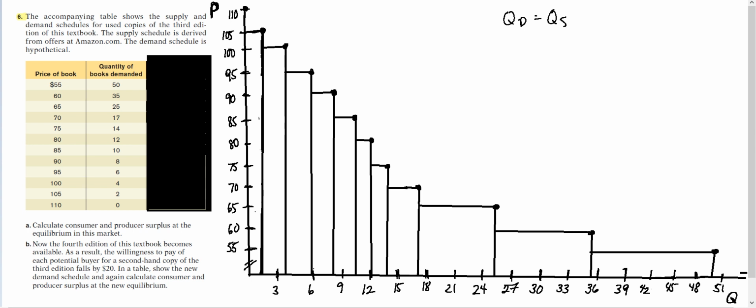So now let's draw that price. So that is right here. That's the equilibrium price. And now we want to calculate the consumer surplus. Well, we know how to do that. The consumer surplus is going to be the difference in the consumer's willingness to pay minus what they actually paid.